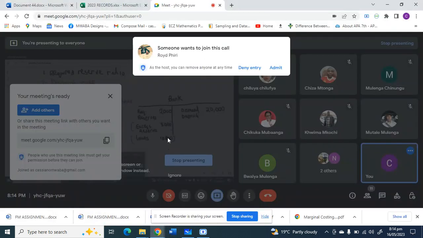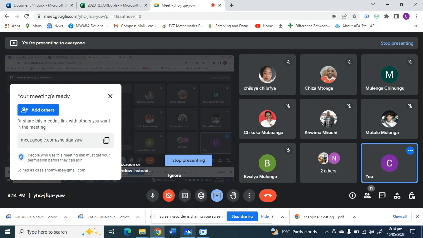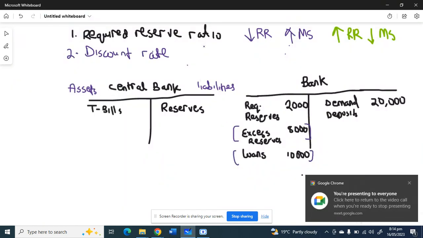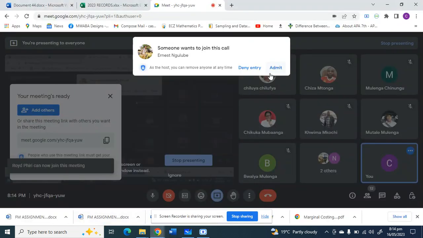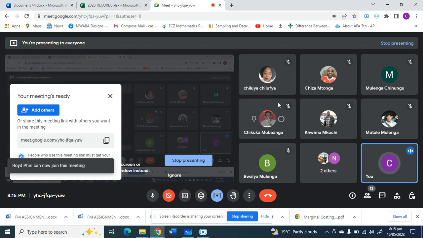So if the central bank decreases the discount rate, it means the cost of borrowing for commercial banks gets lower, meaning commercial banks can borrow more money. And when commercial banks borrow money, they obviously want to loan out more money, because that's how fractional reserve banking happens, where whenever you deposit money, the bank will keep a certain amount and loan out the other amount.